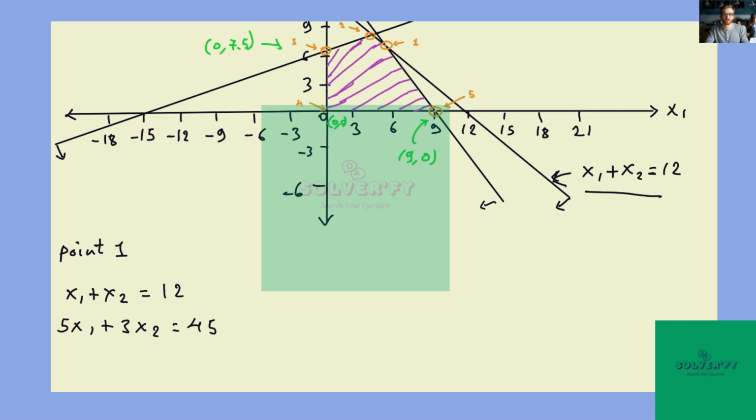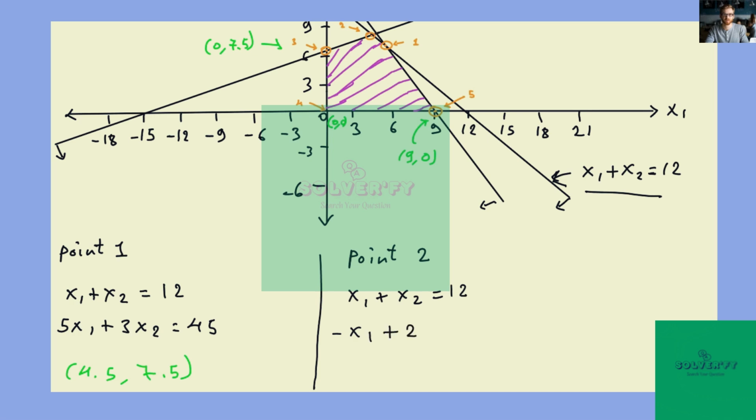This will give the point 1 as 4.5 and 7.5, and point 2 is at the intersection of equations x1 plus x2 equals 12 and minus x1 plus 2x2 equals 15. This will give us the intersection, or point 2, at 3, 9.